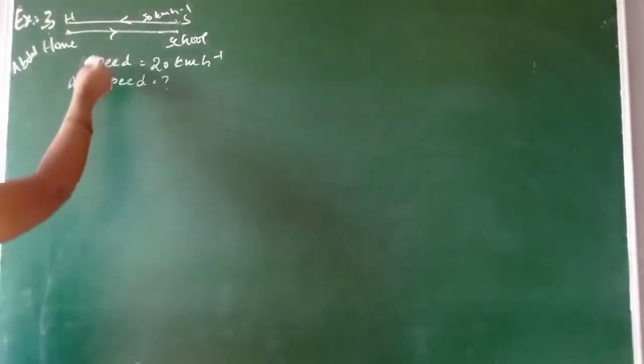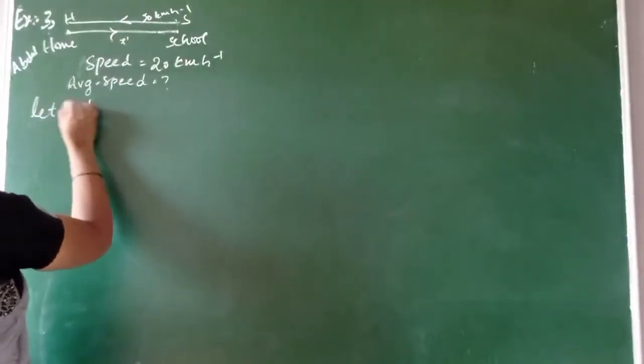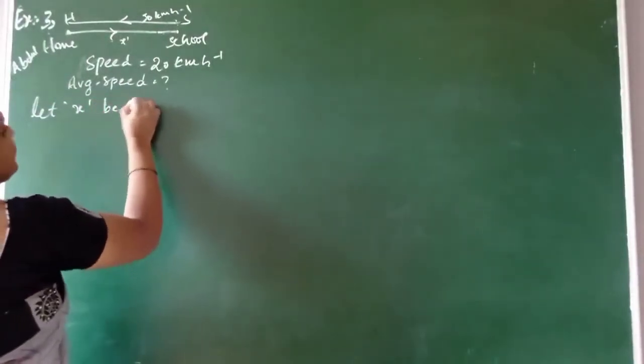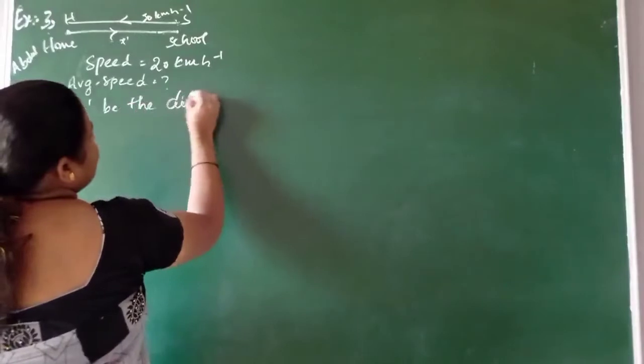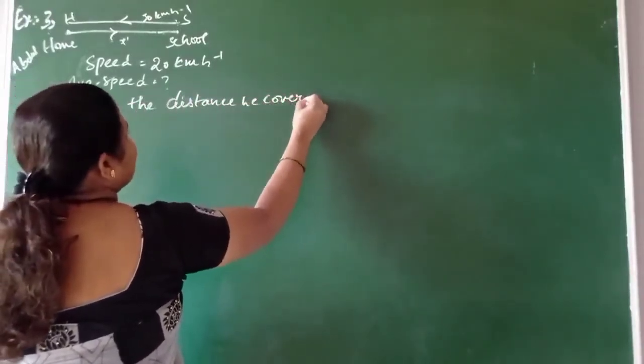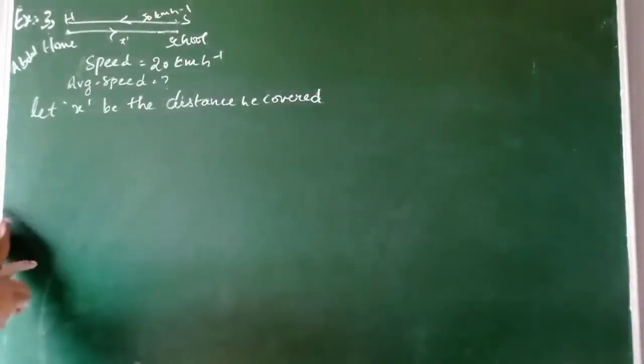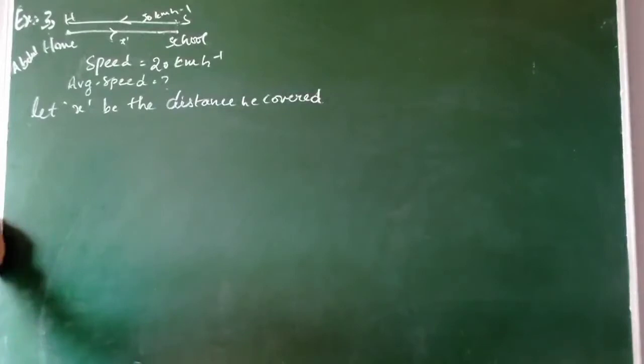First, we don't know how much distance he has covered. So let x be the distance he covered. Every time, children, while calculating the average speed, we should know our total distance and our total time taken, isn't it?